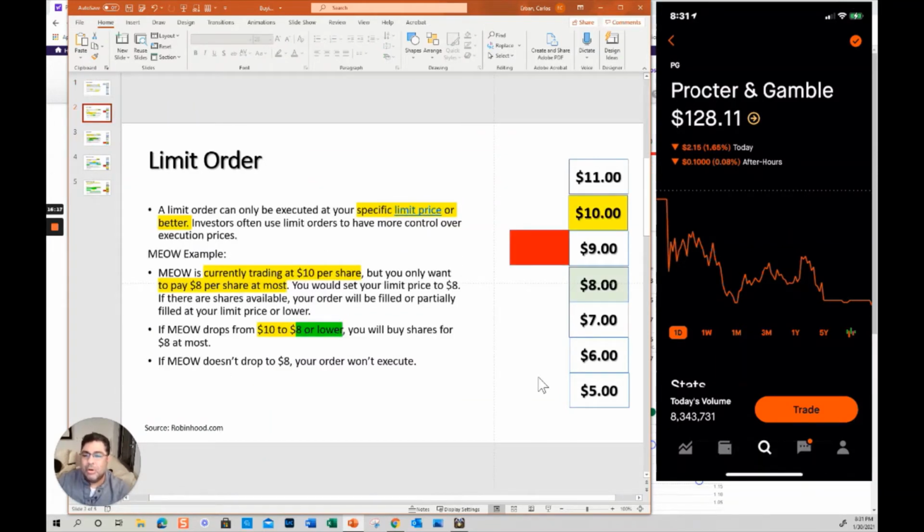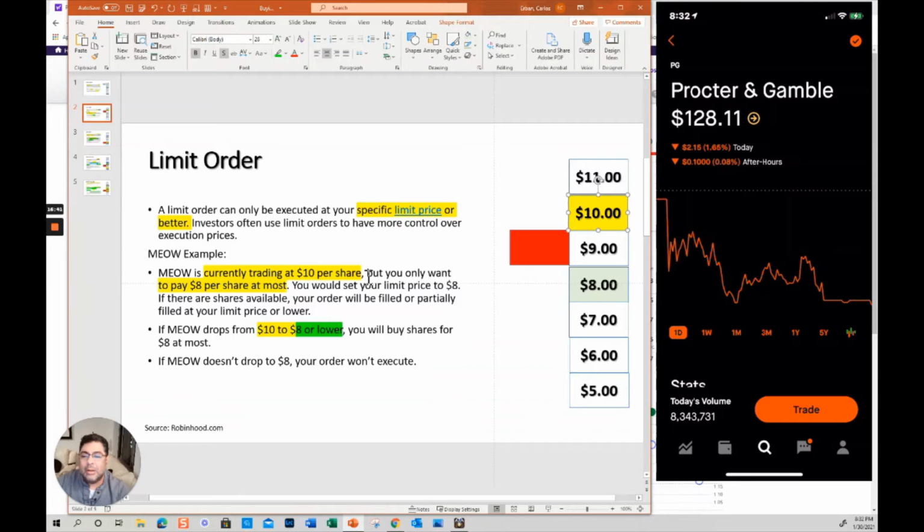Then you have something called limit order. Limit order means that it can only be executed at your specific limit price or better. So it's like you're setting a limit, right? So let's look at the example that they provide. Meow is currently trading at $10. So let's put the yellow at the current price.